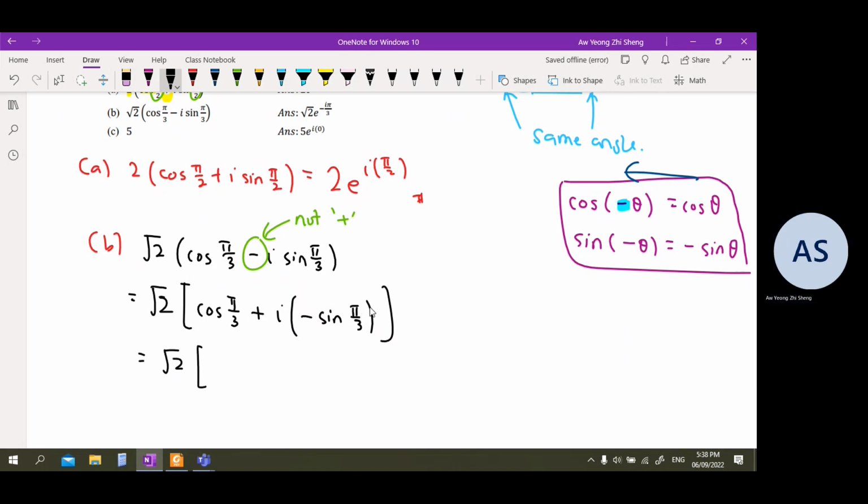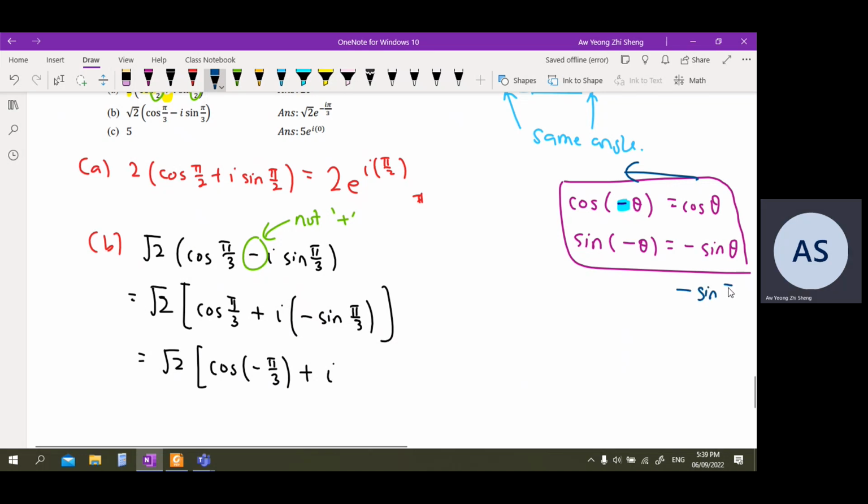Okay, now I want to apply the properties in purple on the right of your screen from right hand side to left hand side. So cos of theta can be written as cos of minus theta for whatever value of theta. And so here cos of pi over 3 is the same as cos of minus pi over 3. And then negative sine of pi over 3.